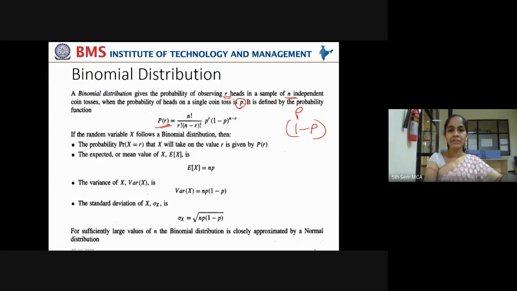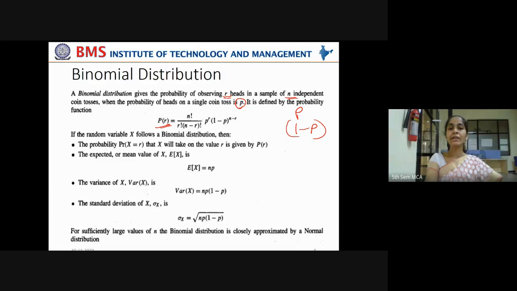In that case, if you take P as the probability of getting head on a single coin toss, which is the occurrence of the event you are interested in, and r heads are observed out of n coin tosses, now how can you write that probability function, which is also called the binomial distribution?